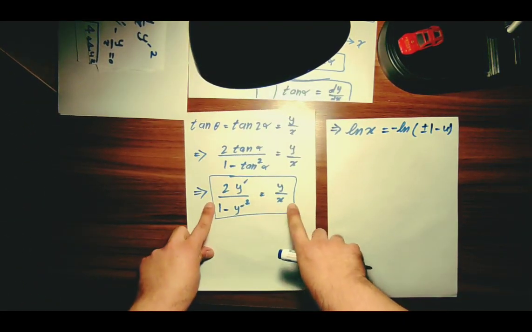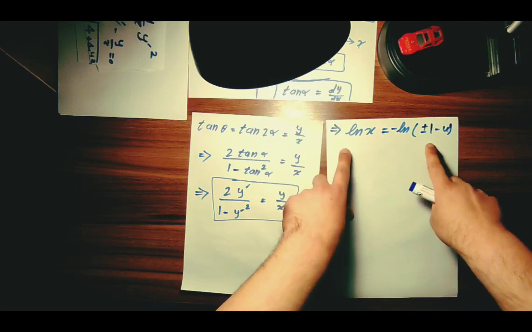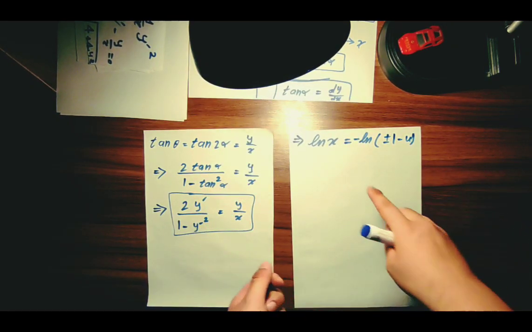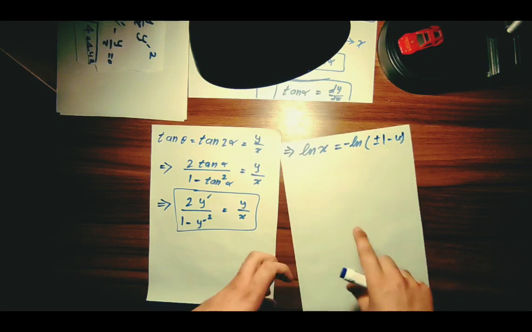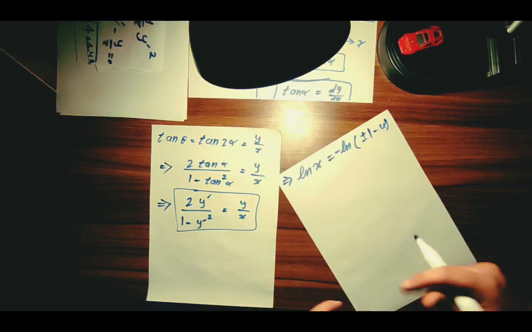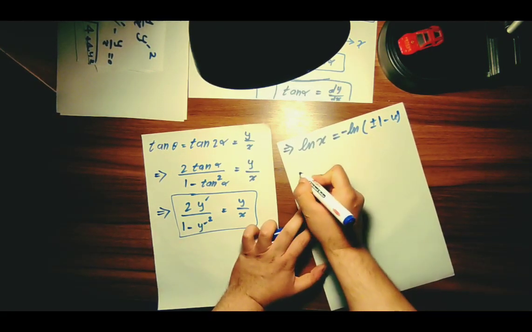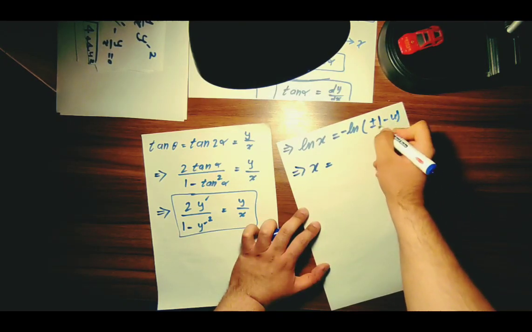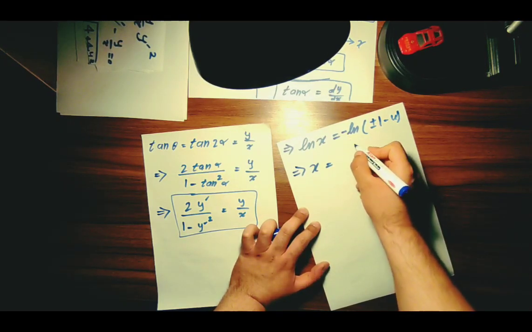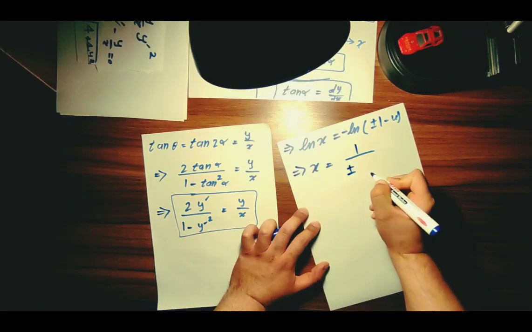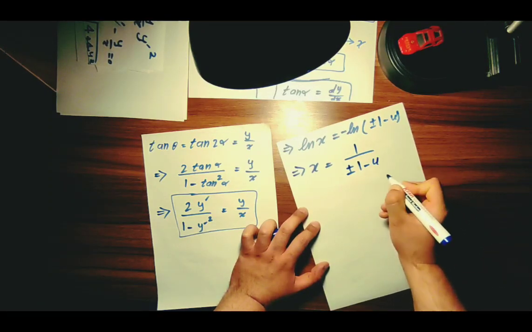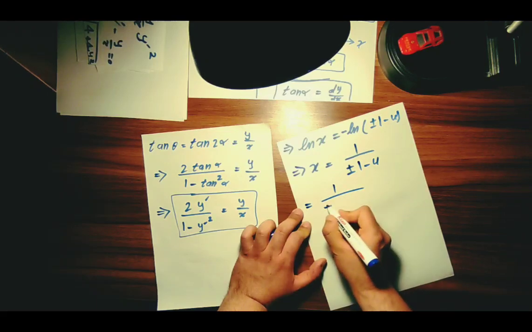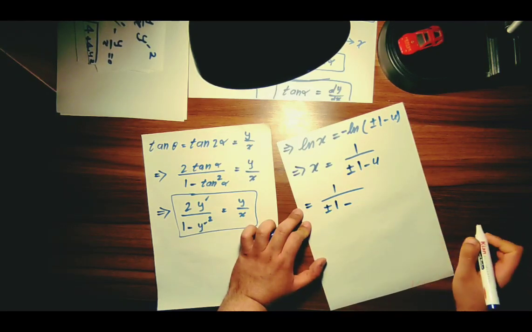Okay, this was our equation and this is the answer. But of course, we have to clean the equation and make it more beautiful. So x is this to the power of minus 1, plus minus 1 minus u.